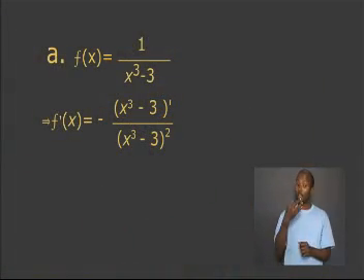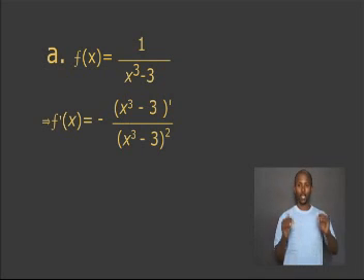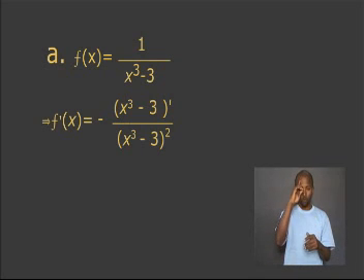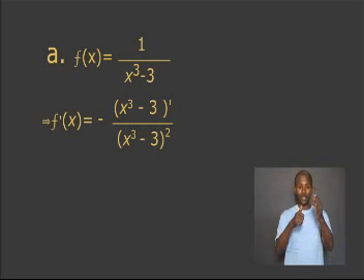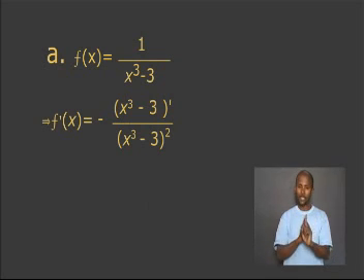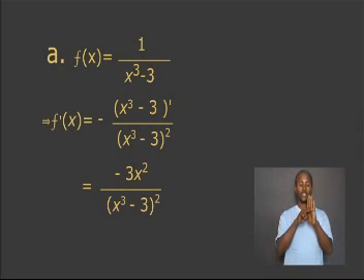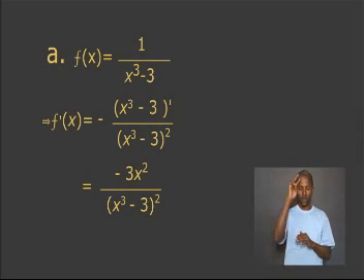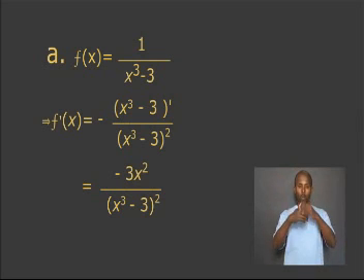F prime of x equals the derivative of x cubed minus 3 over x cubed minus 3 the whole squared. Therefore, the answer is negative 3x squared over x cubed minus 3 the whole squared.